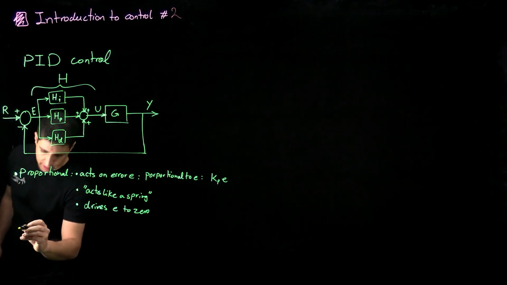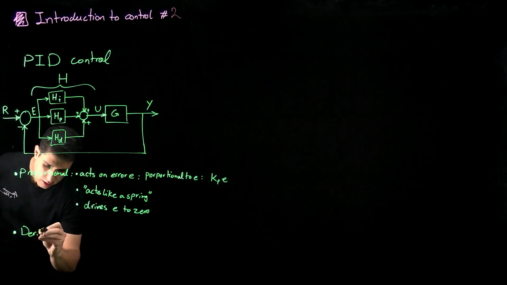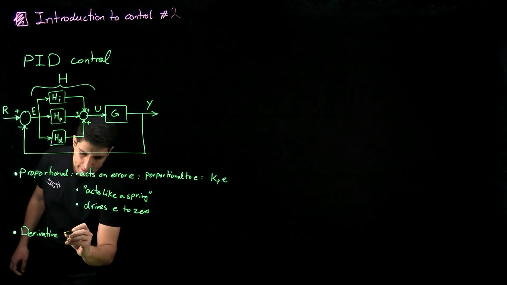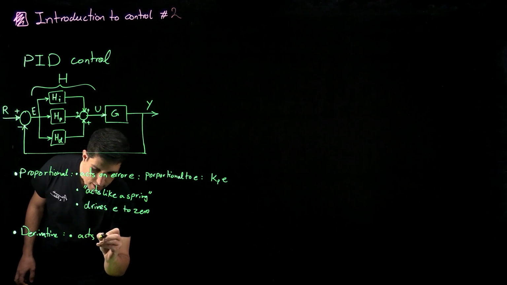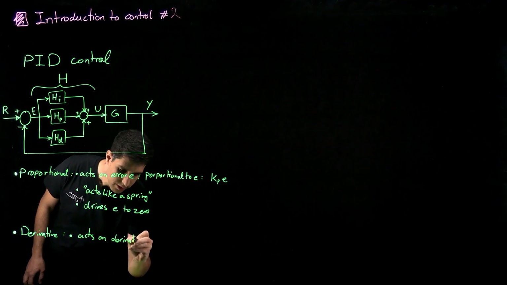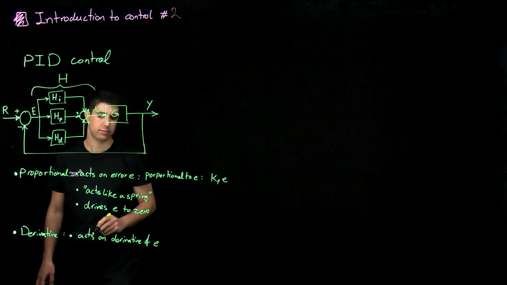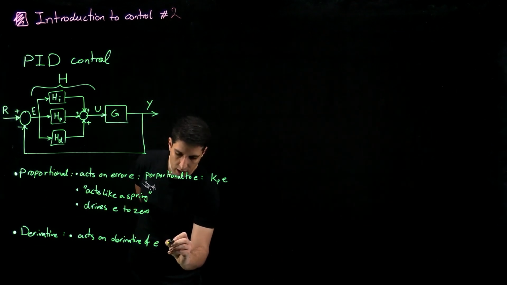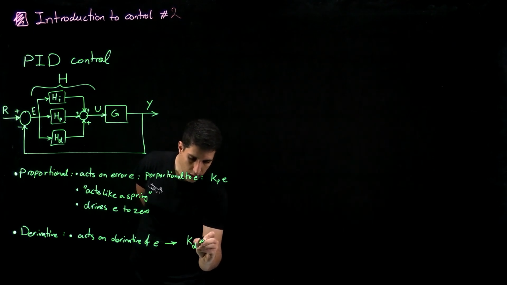The next one, the derivative, we also saw it. This one acts on the derivative of E, or it acts on E dot, and what we get is some Kd times E dot.